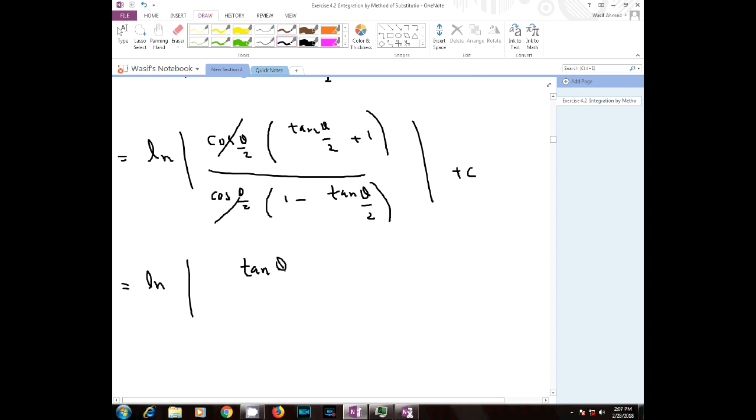Tan theta divided by 2 plus 1, since 1 is equal to tan 45 degrees, tan 45 degrees is equal to 1, and 45 degrees is equal to pi divided by 4 radians.